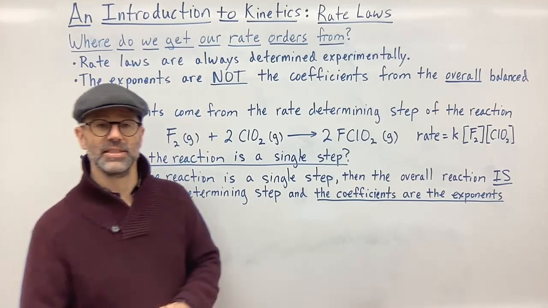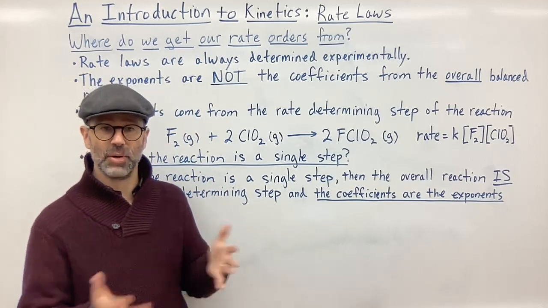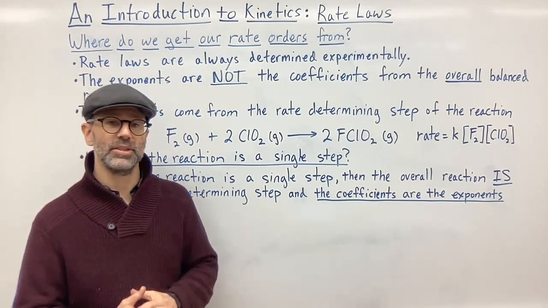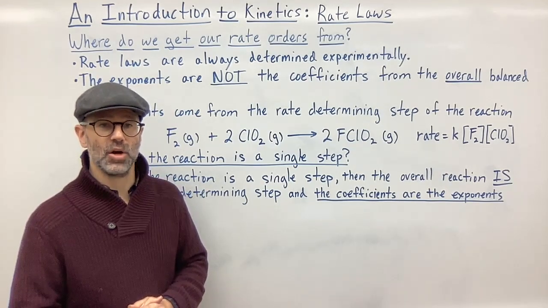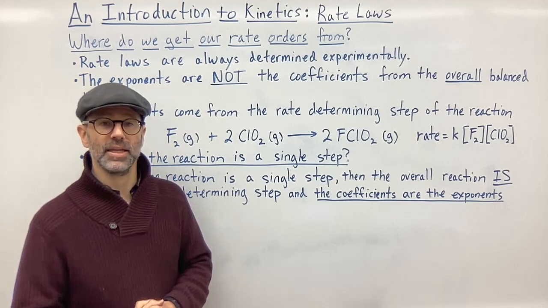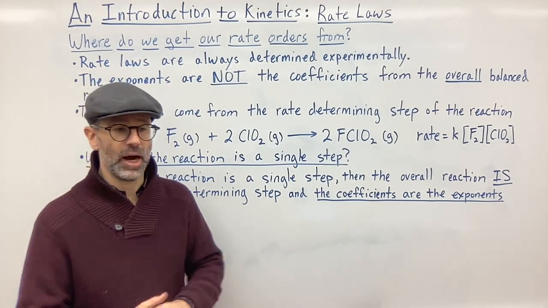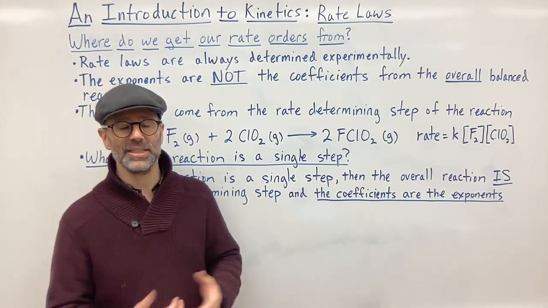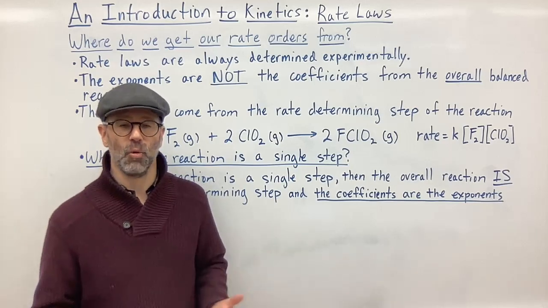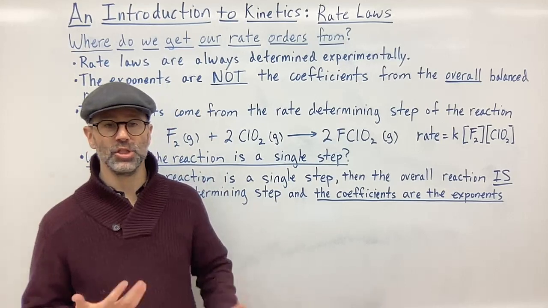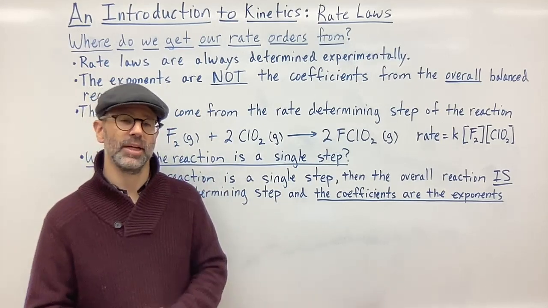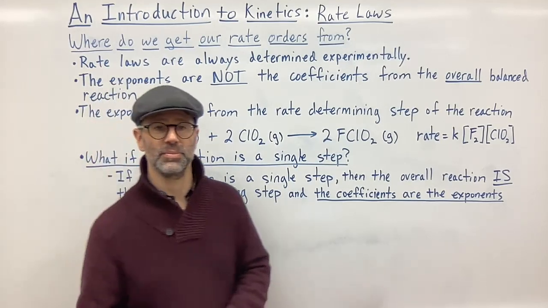So in this case, the coefficients in the balanced equation for your reactants would be the exponents in the rate law expression. All right, so what about the steps in determining order? How do we determine the order of your reaction with respect to a certain reactant? Well, let's go over that now.